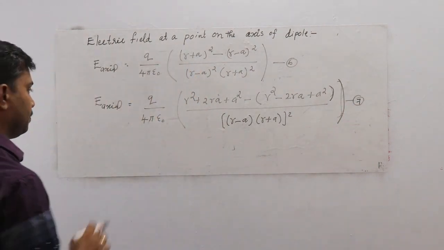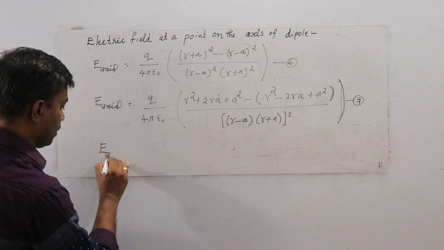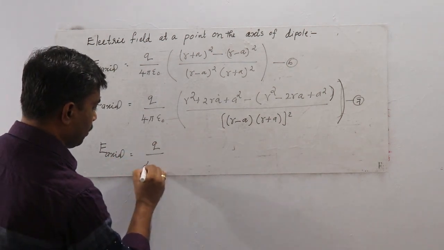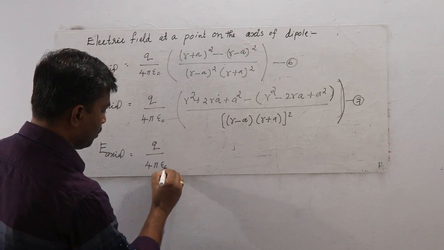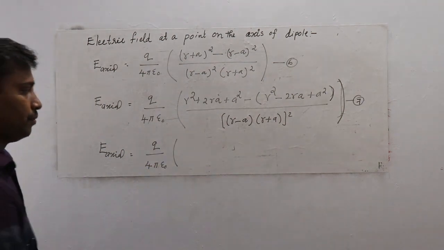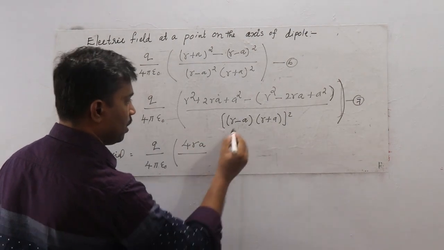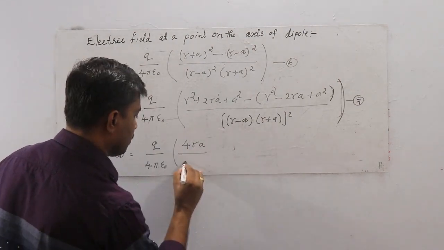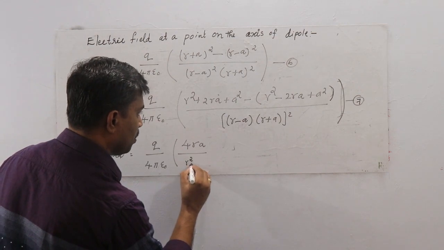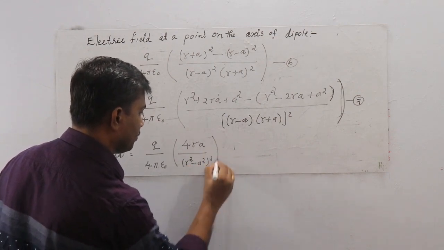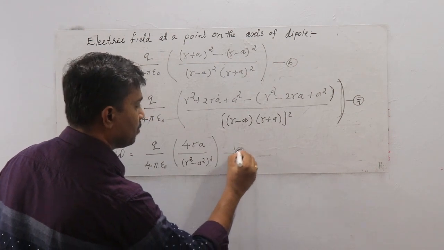we get E axial is equal to Q divided by 4 pi epsilon 0 into 4RA divided by, here this term written as (R square minus A square) whole square. So the equation number 8.